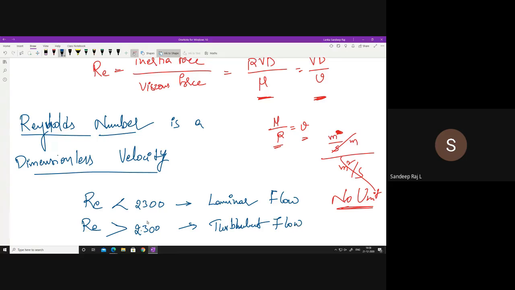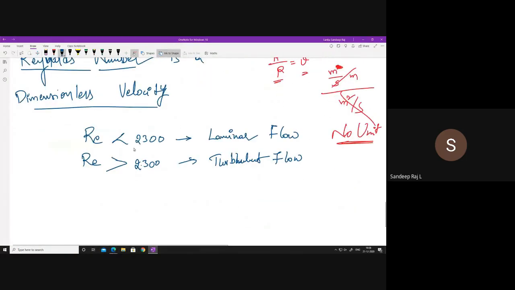I'll be showing this in the data book in the next class, but for now, remember till here: less than 2300 is laminar flow, greater than that is turbulent flow. That is a simple thing that we should clearly remember.